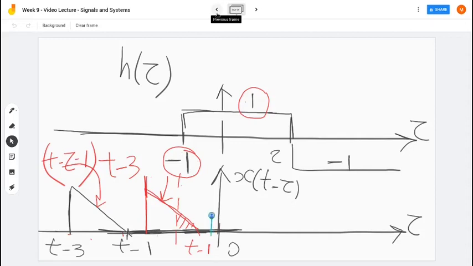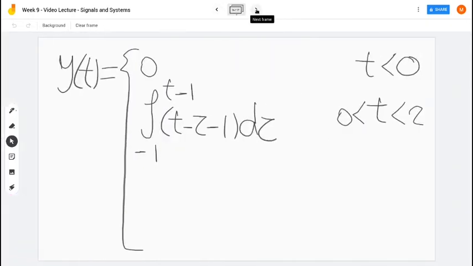This would happen if t minus 1 less than 2, whereas this edge, which is t minus 3, is larger than minus 1 and less than 2. So let's do it in detail. t minus 1 less than 2 is t less than 3. So the third interval will be t less than 3.